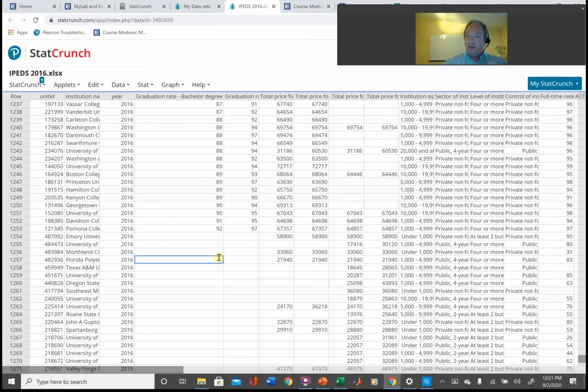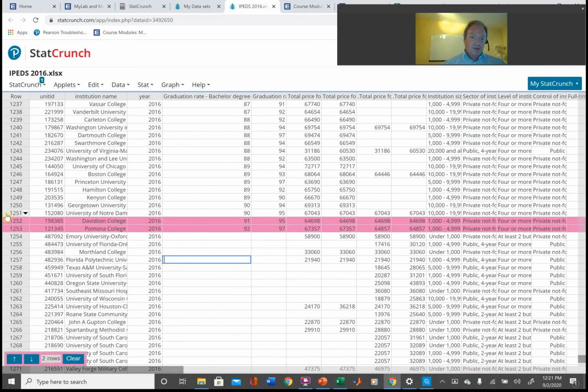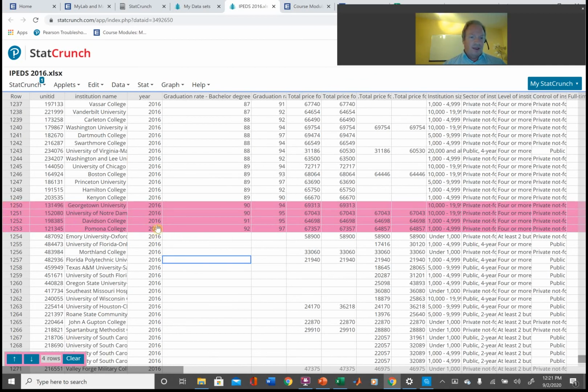This is where you have to use a little bit of context. If you look at these universities, and if you're not familiar with universities, this really won't make a lot of sense. But these universities are generally known for really good quality. Pomona is part of a special college in California. Very high quality, very high graduation rate. Davidson is a very small private university.